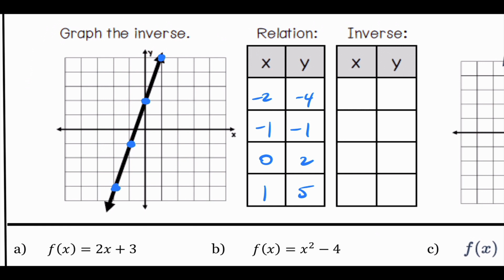Inverse, switch. Graph. -4, -2. -1, -1. So those kind of overlap. -1, -1 is going to overlap blue and red. 2, 0. 5, 1.